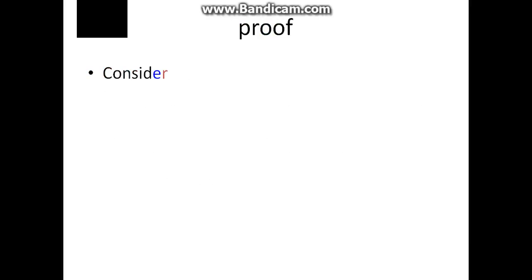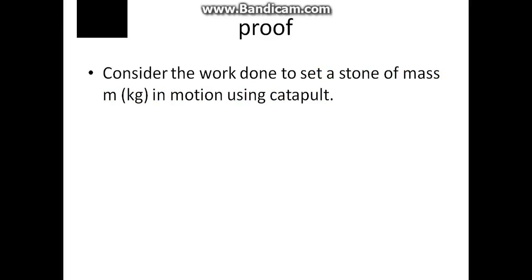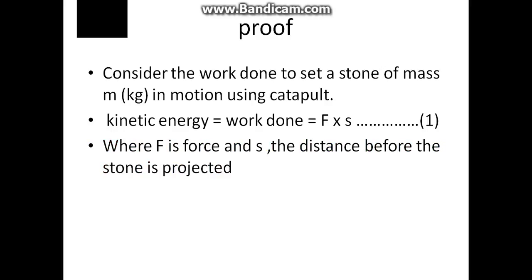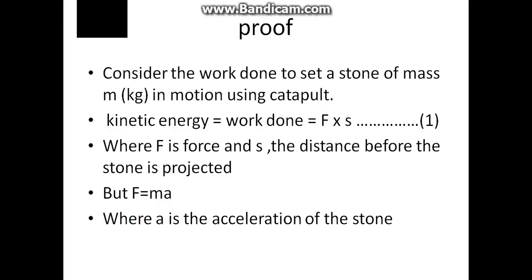Proof. Consider the work done to set a stone of mass m kg in motion using a catapult. Kinetic energy equals work done, which is equal to Fx, taken to be equation 1, where F is force and x the distance before the stone is projected. But F is equal to ma, where a is the acceleration of the stone. Fs is equal to mas. This will be our equation 2.